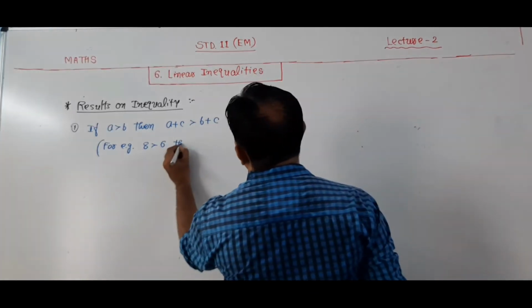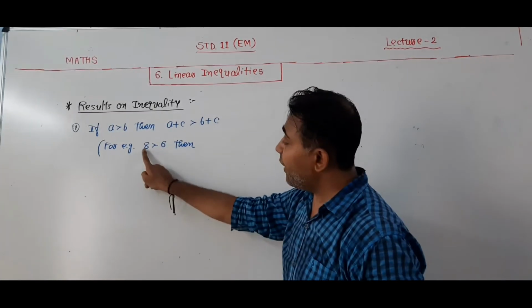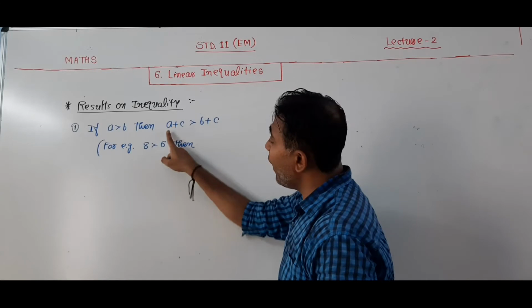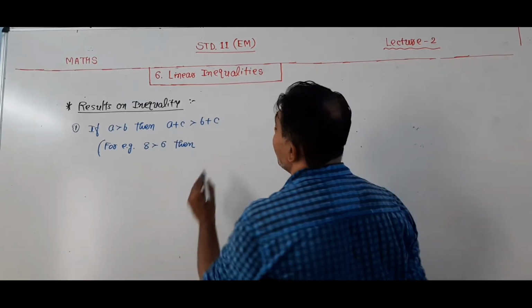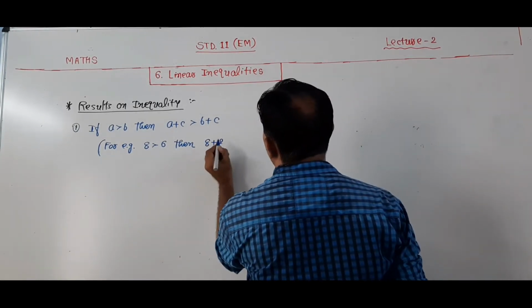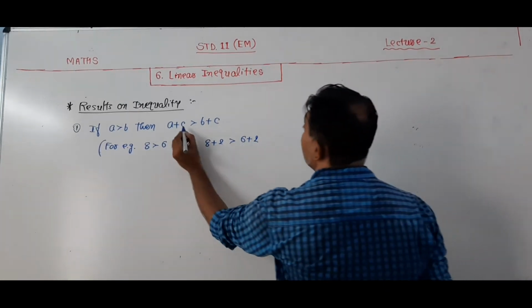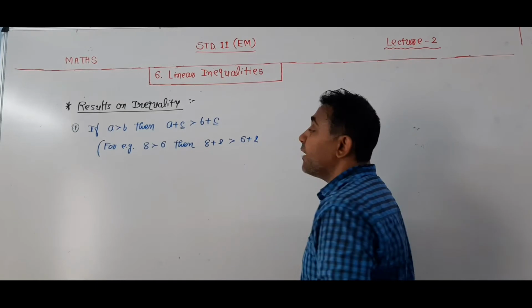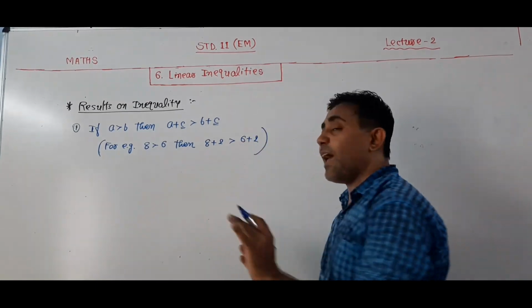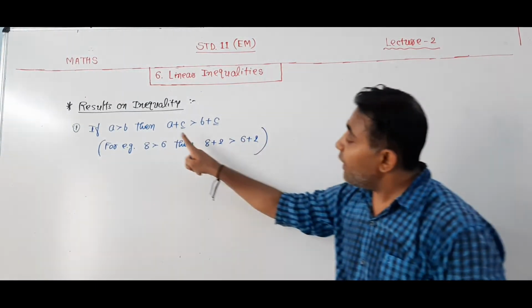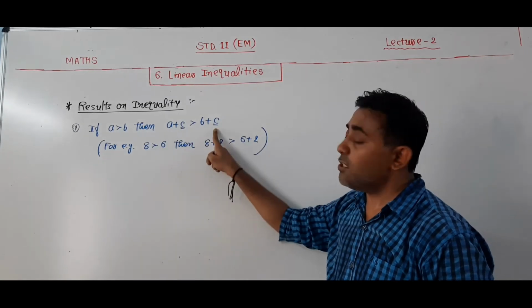Then add C. Here 8 is A, 6 is B. Now add any value C. For example, I add 2 here, then 8 plus 2 is greater than 6 plus 2. It means add any number C on both sides, then the inequality remains as it is. It means the inequality does not change.